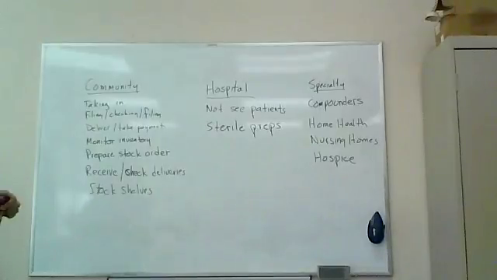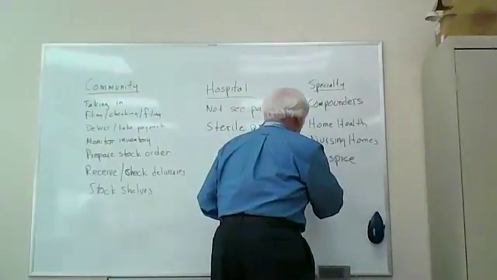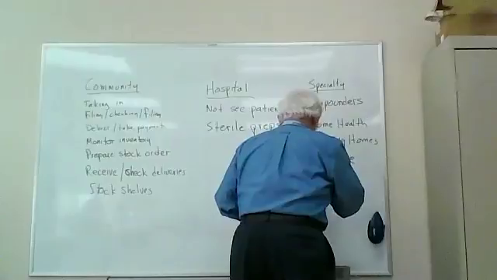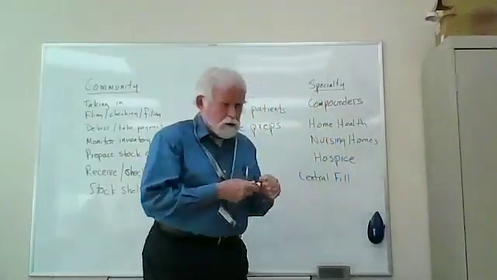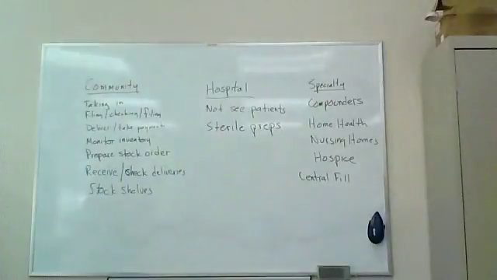And there's another type of pharmacy called central fill. Central fill pharmacies are generally places where regular prescriptions are filled, and a central fill will have a huge stock of drugs.